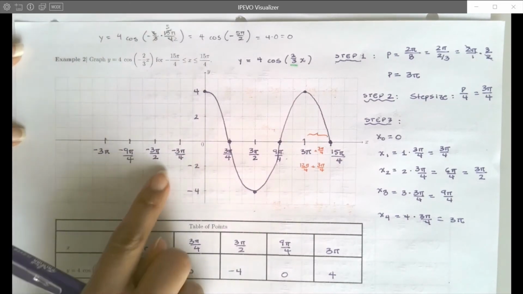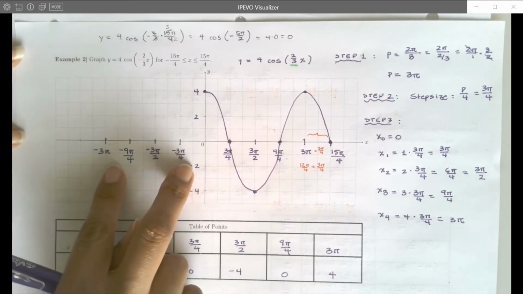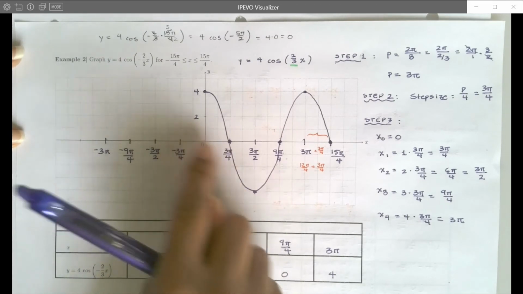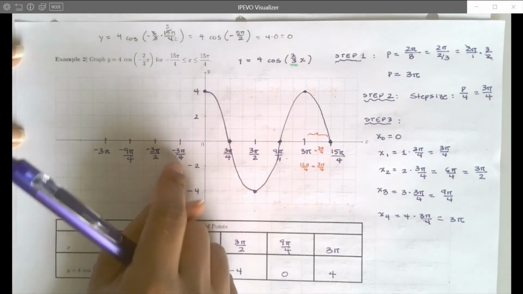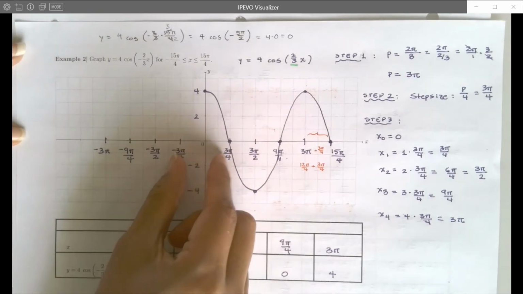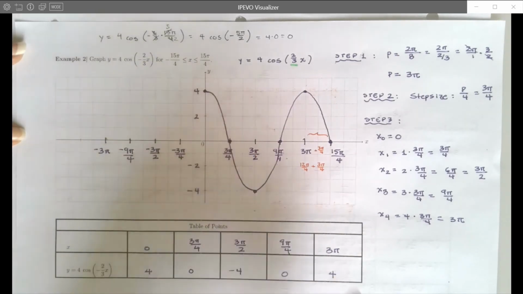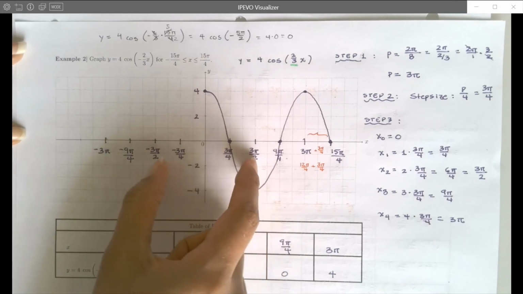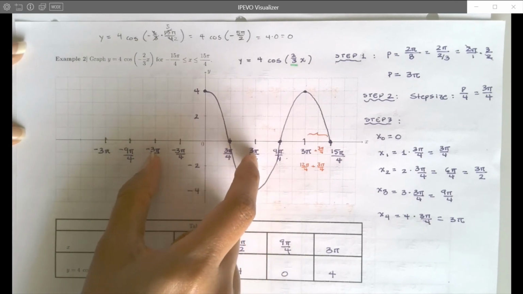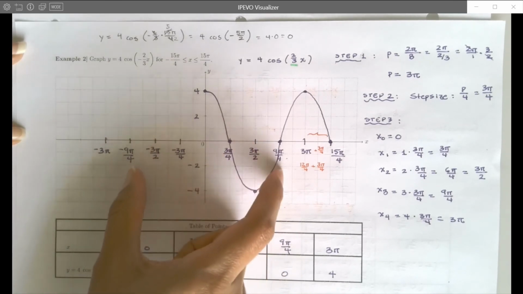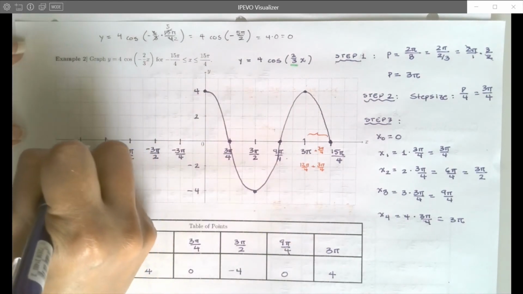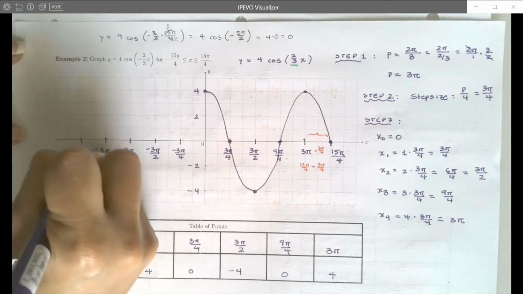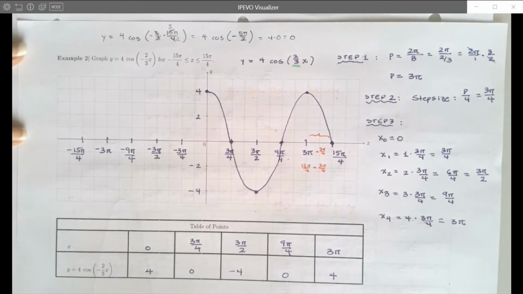I'm quickly getting these values simply by reflecting them over. -3 pi over 4 is a reflection of 3 pi over 4. Then 3 pi over 2 and -3 pi over 2 have the same distance from 0. Same is true about these last tick marks, all the way down to -15 pi over 4.